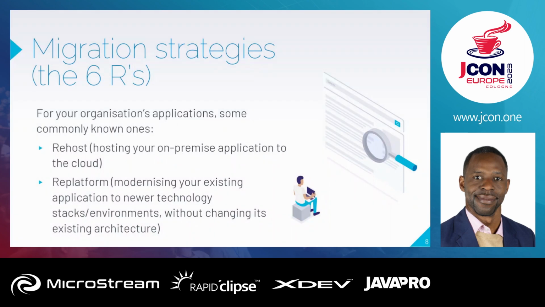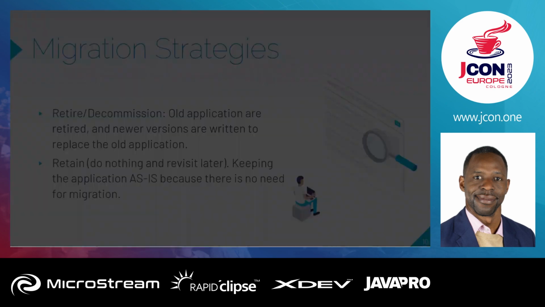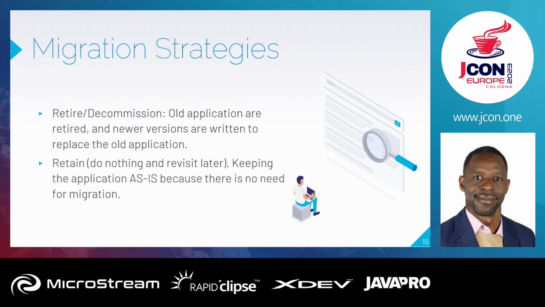And if you went to Adam Bien's talk yesterday, he spoke about the 6 R's, strategies like rehosting and replatforming, repurchasing, refactoring, decommissioning your old application or retaining it.